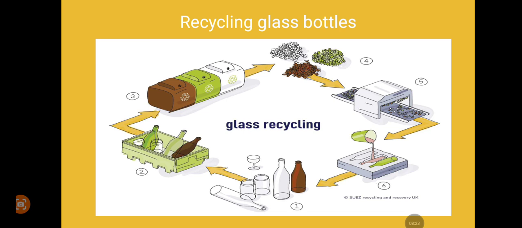I chose this picture for students. I will show it during the lesson. I may stick it on the board. Recycling glass bottles: you can see the steps. When we finish using our old glass bottles, we put them into the recycling bin, and you can see other steps after this.